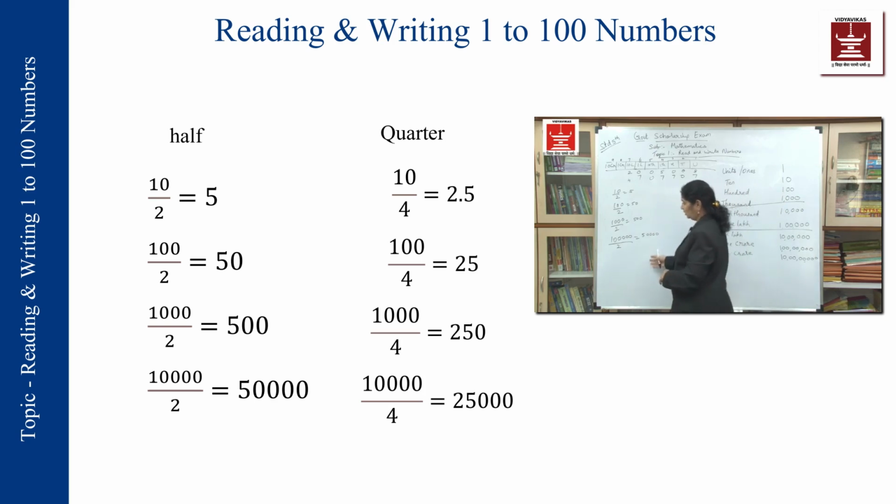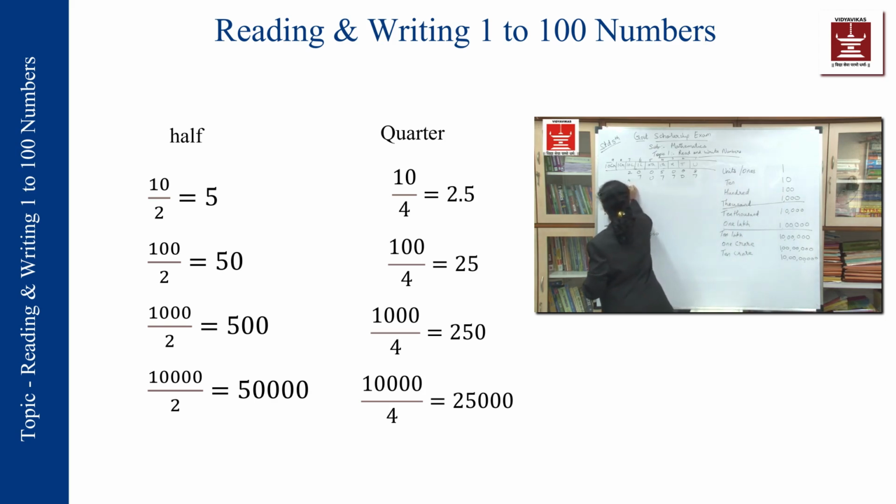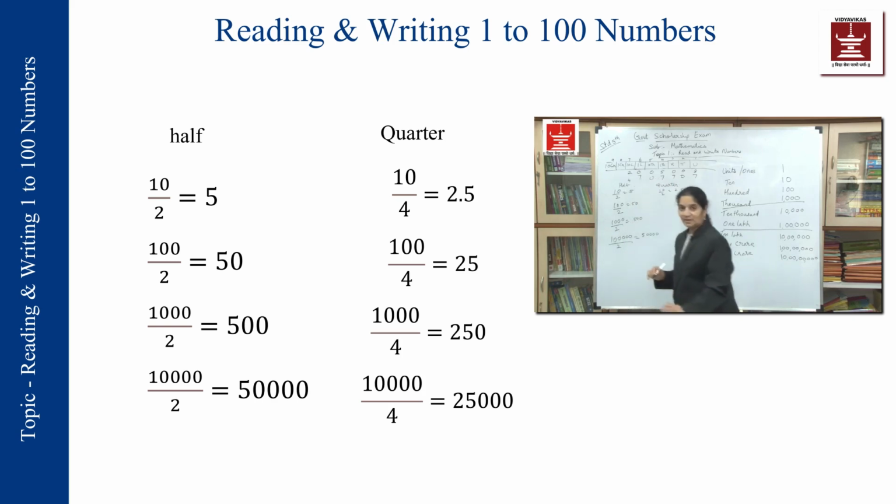As this is half the value, you have quarter of it. Okay, that means quarter of 10 would be 2.5. Okay, quarter of 100 is 25. 1000 divided by 4 is 250.